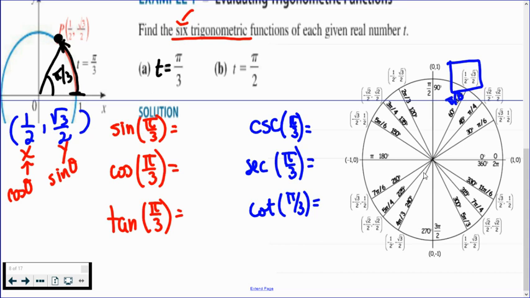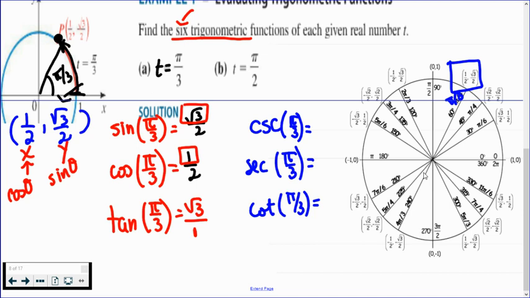I know that the sine is the y part of this point. Cosine is the x part. And to find tangent, what we're going to do is only pick the numerator over cosine. The reason why is because there are fractions that have the same number on the bottom. So basically you're going to ignore it when you're doing tangent.